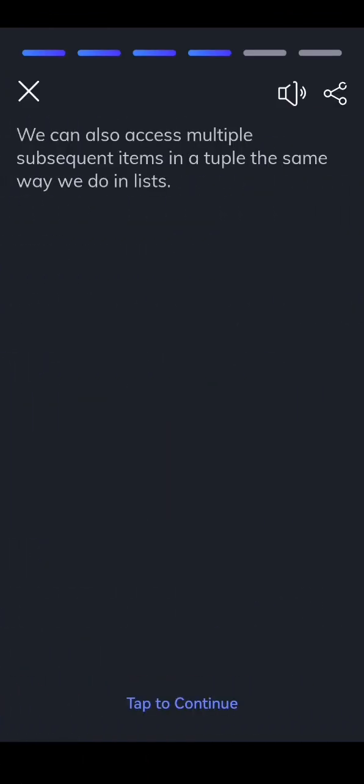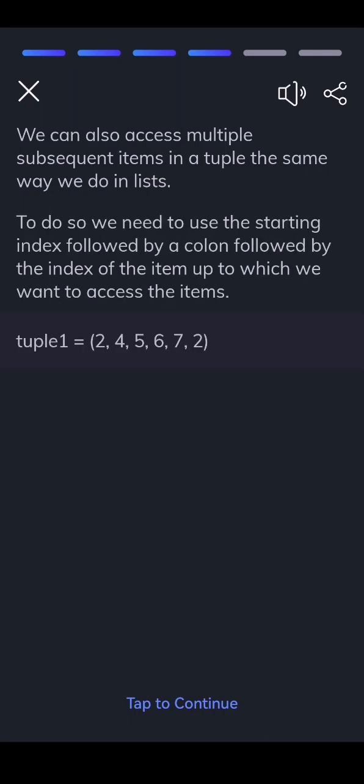We can also access multiple subsequent items in a tuple the same way we do in lists. To do so, we need to use the starting index followed by a colon followed by the index of the item up to which we want to access the items.